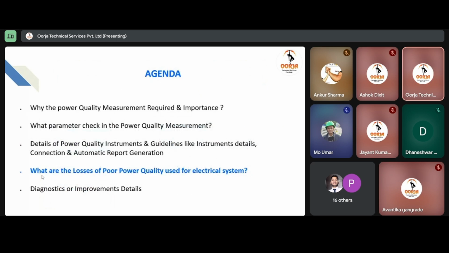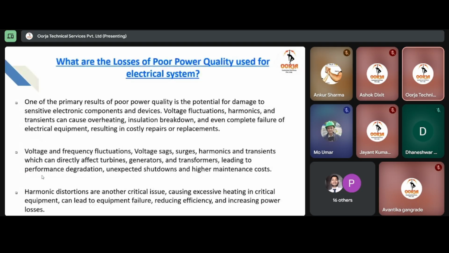Next agenda point: what are the losses of poor power quality for an electrical system? One of the primary results of poor power quality is the potential for damage to sensitive electronic components and devices. Voltage malfunctions, harmonics, and transients can cause overheating, insulation breakdown, and even complete failure of electrical equipment, resulting in costly repairs and replacement.